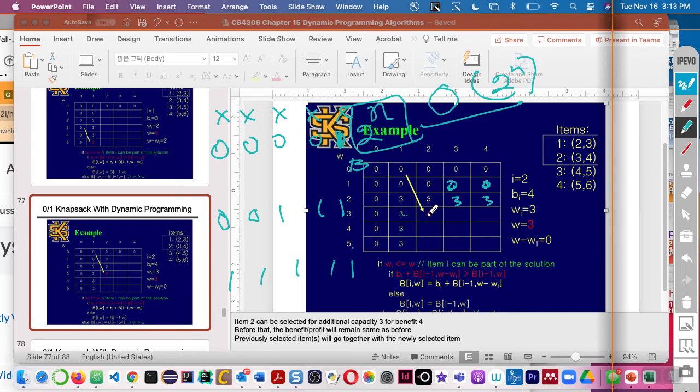So you understand why I put 4 over here? 4 is the benefit when we select item 2 at weight 3. So this one and this one, we got 4. Do you understand?